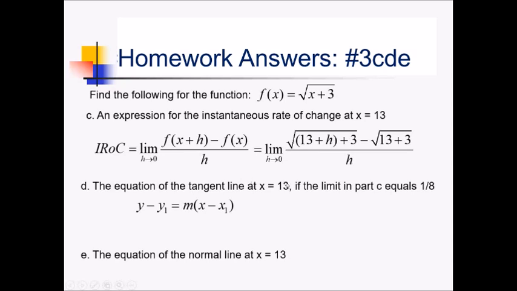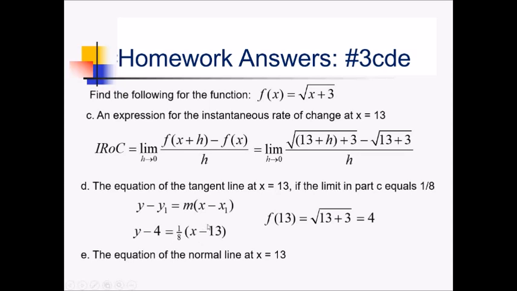So that would be the square root of 13 plus 3, which is the square root of 16, comes out to 4. So now putting it all together, we have y minus 4 equals, well, we just said the slope should have been 1/8 for the instantaneous rate of change for the tangent line. So that's going to be 1/8 for our m value, and then we have x minus the x value, 13.